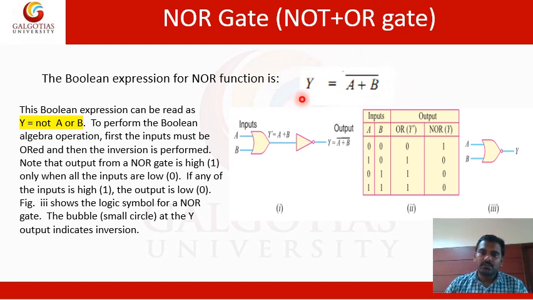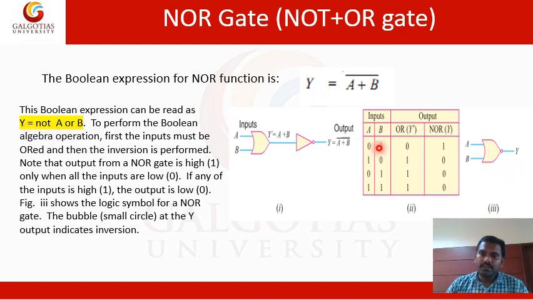Here Y is equal to (A plus B) whole bar, which is the output for the NOR gate. It means that if the output of an OR gate is connected to the input of a NOT gate, the final output will be (A plus B) whole bar. So this is the expression for the NOR gate, Y is equal to NOT (A or B).